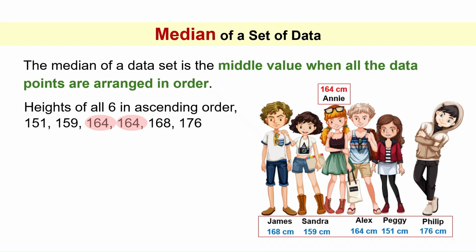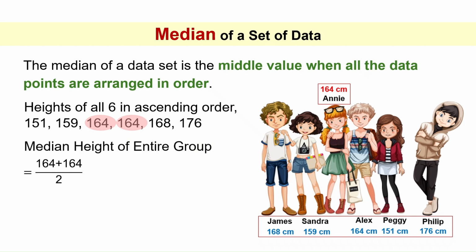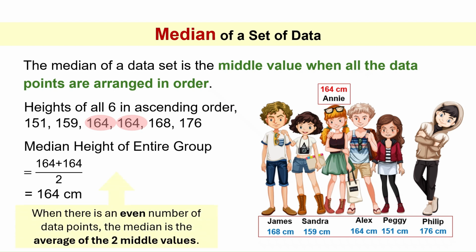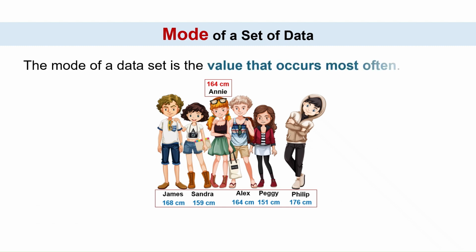In this case, the median height of the entire group is given by the average of the 2 middle values, 164 plus 164 divided by 2. So, the median is just 164 cm. In general, when there is an even number of data points, the median is the average of the 2 middle values. The mode of a dataset is the value that occurs most often.